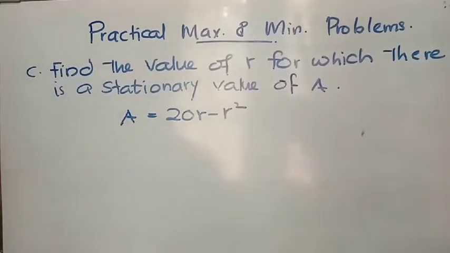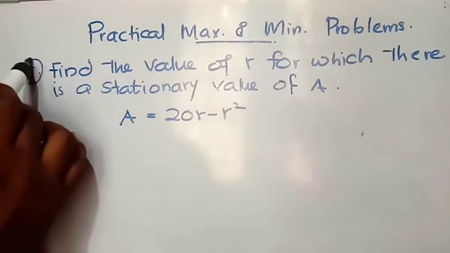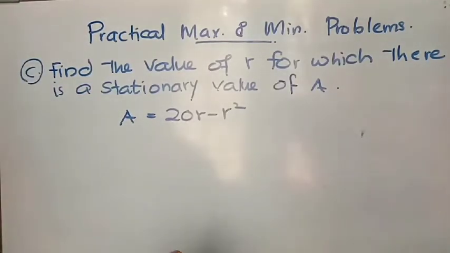Question C. Find the value of r for which there is a stationary value of A. So question C consists of differentiation. Question A and B were just basic mathematics which we learned in our previous classes.